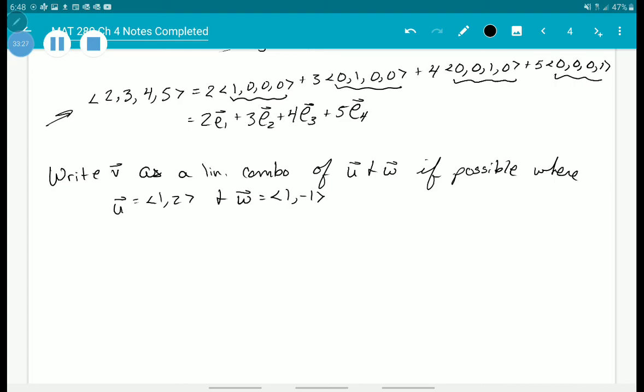We're going to want to write vector v as a linear combination of u and w, if possible, where u is the vector 1, 2, and w is the vector 1, negative 1.